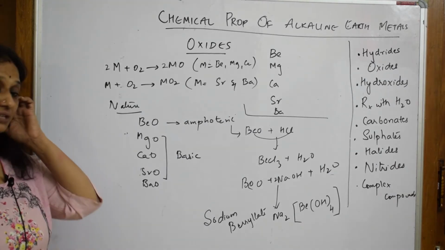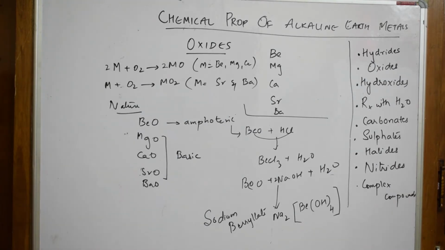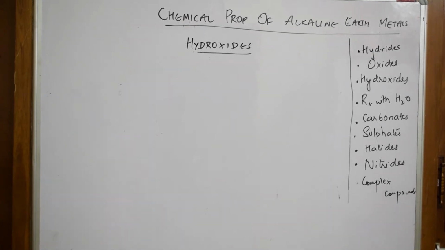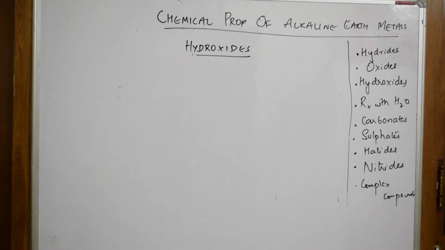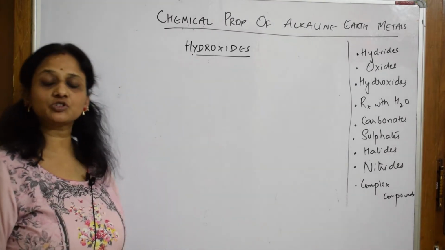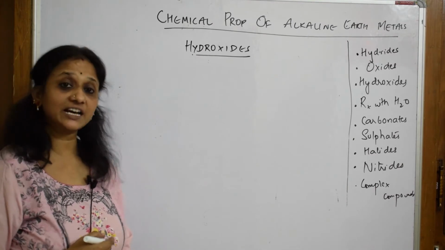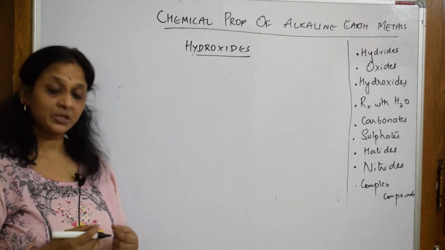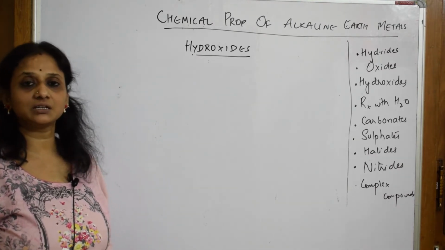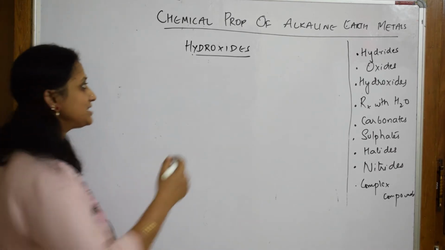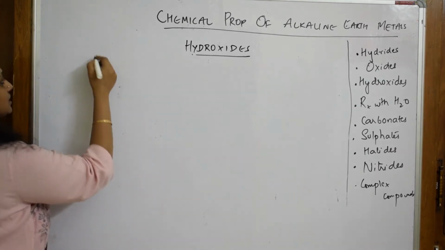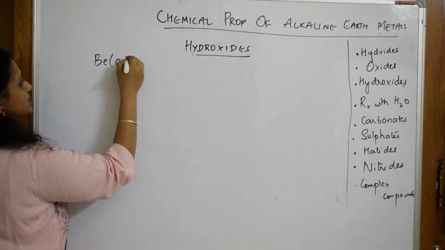Now let's come back and study hydroxides. We have already studied hydrides and oxides. What types of hydroxides do alkaline earth metals form? First, it forms beryllium hydroxide, right?